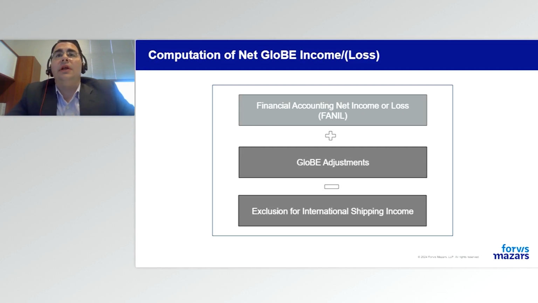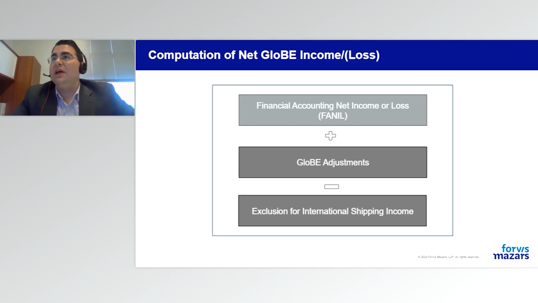You layer in any necessary book-to-GloBE adjustments, and those are certain components that figure up your base for Pillar 2. And you back out any international shipping income, which we'll discuss at the very tail end of today's session.